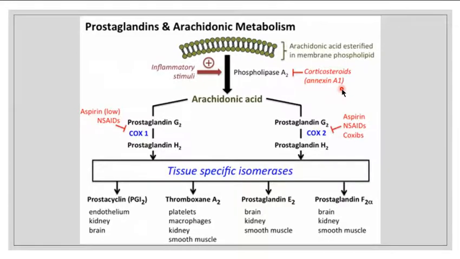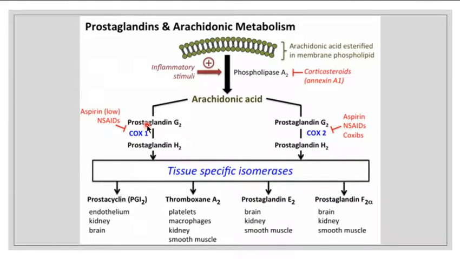So corticosteroids produce lipocortin or annexin A1 to inhibit phospholipase A2. When phospholipase A2 is inhibited, arachidonic acid is not formed, and along with that, other molecules of inflammation, which are prostaglandins, leukotrienes, and platelet activating factors, are not formed.